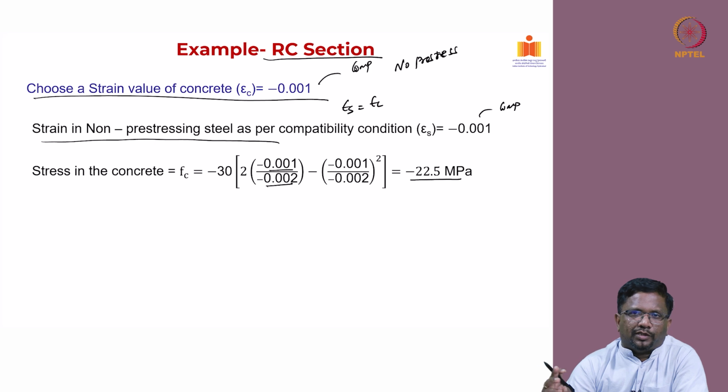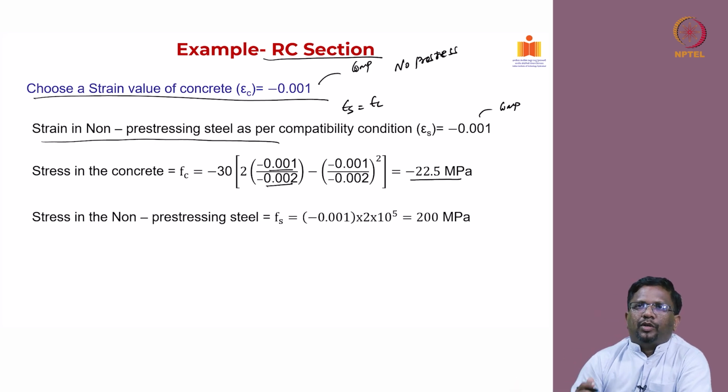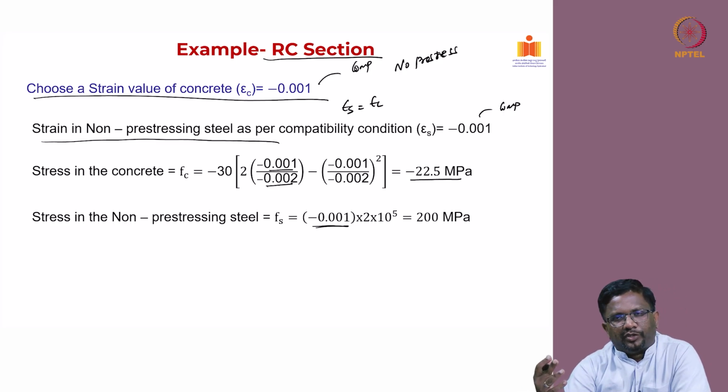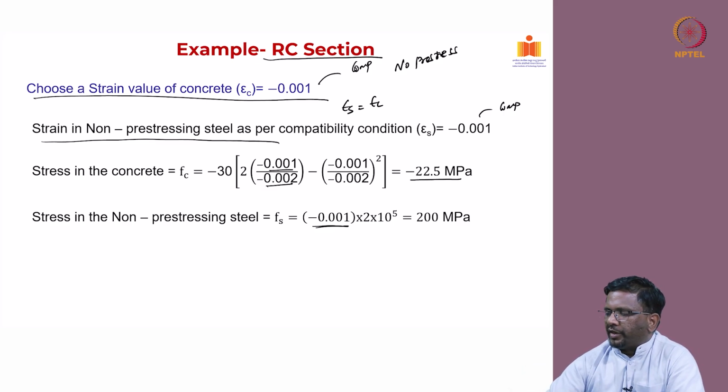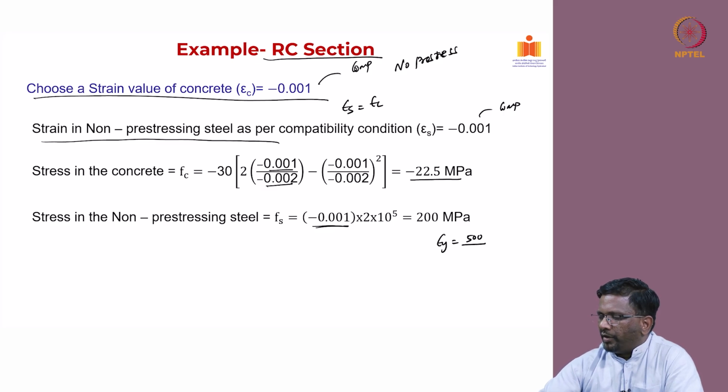Now I have the stress in the concrete. Similarly, I need to get the stress in the steel as well. What is the stress in the steel? The strain is 0.001, because the stress strain curves for steel in tension and compression are assumed to be the same. The yield strain in this case, epsilon y, is 500 divided by 2 into 10 to the power of 6, which is 0.0025.